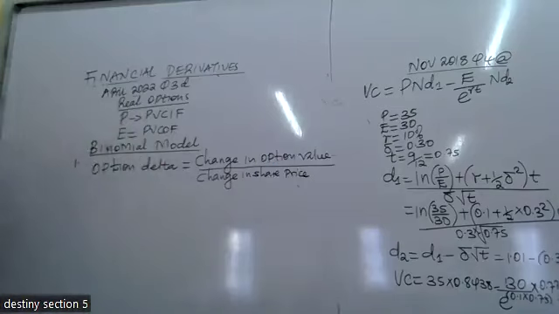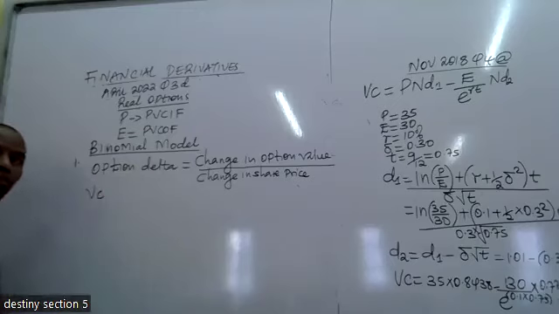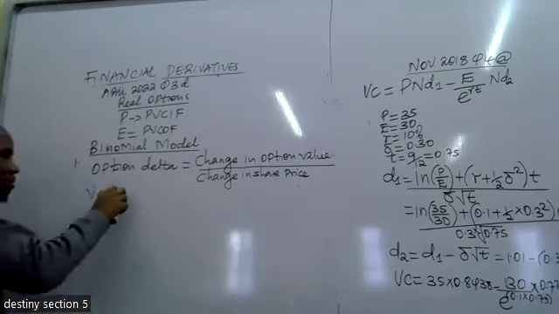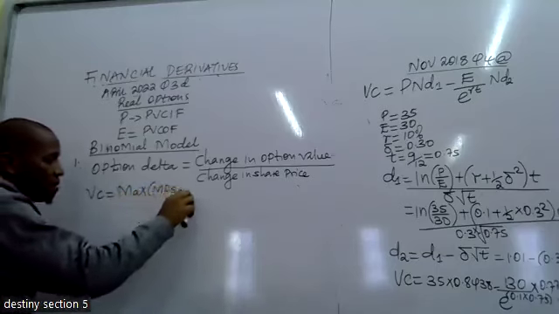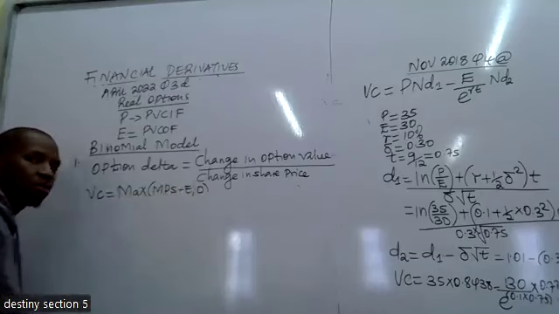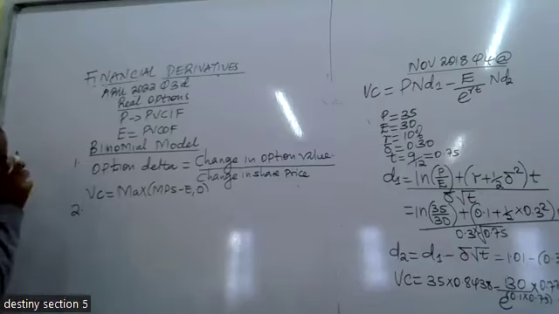Option value is just the value of a call. As you know, the value of a call is the maximum of MPS minus the exercise price, which you compare with zero. So that is step number one.